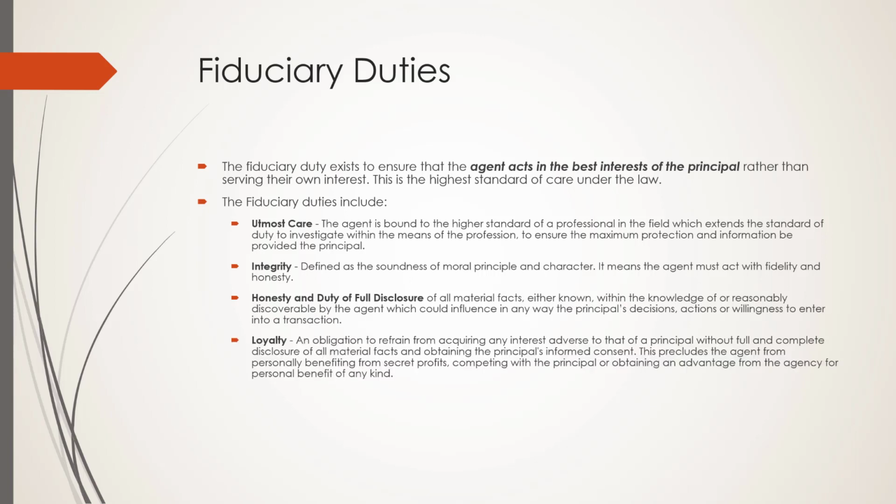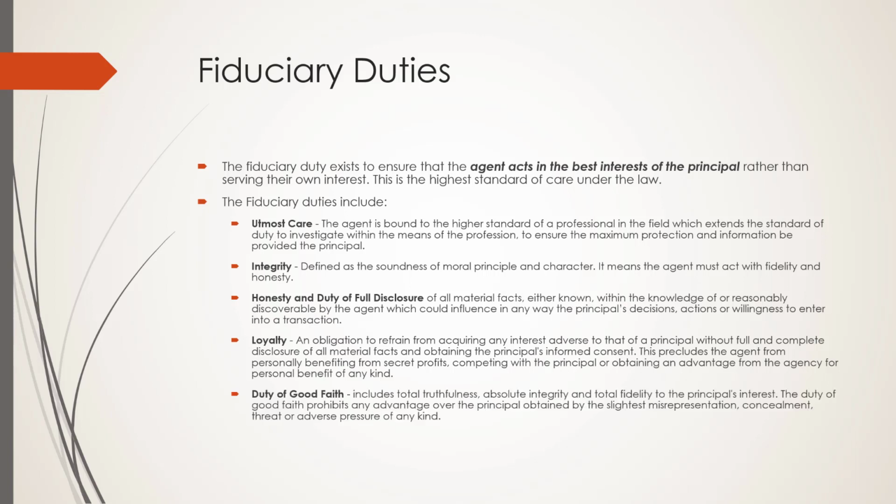Loyalty. This is an obligation to refrain from acquiring any interest adverse to that of the principal without full and complete disclosure and obtaining the principal's informed consent. And then finally, we have the duty of good faith, which includes total truthfulness, absolute integrity, and total fidelity to the principal's interest.